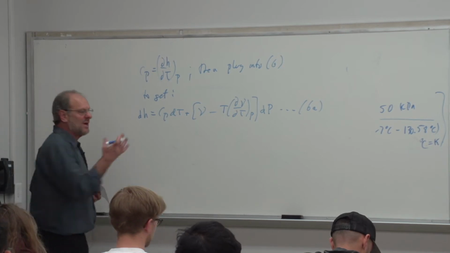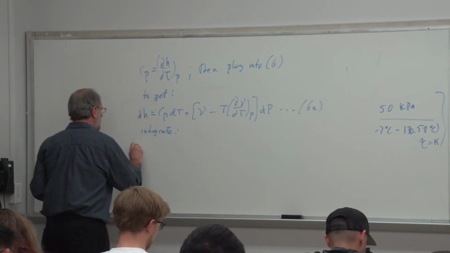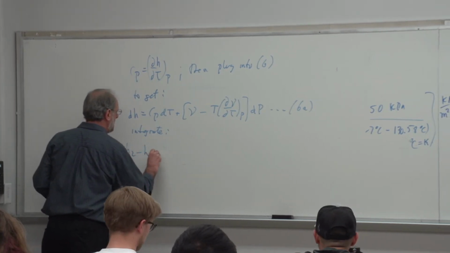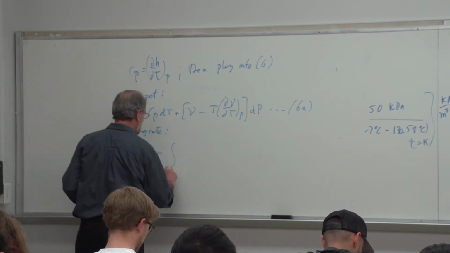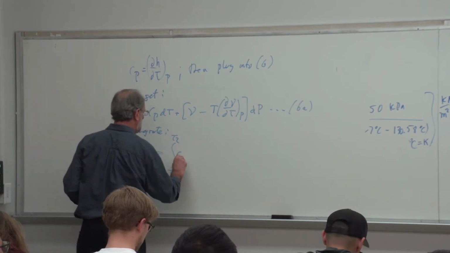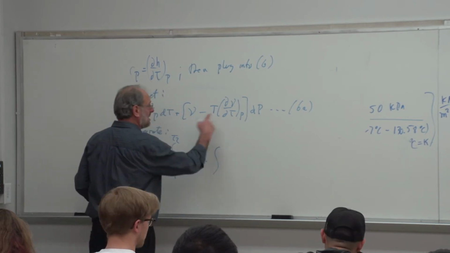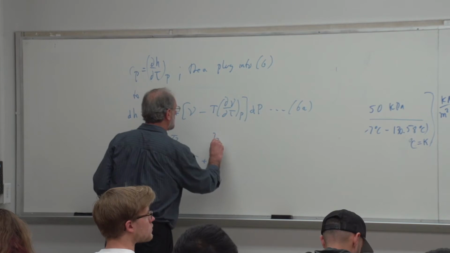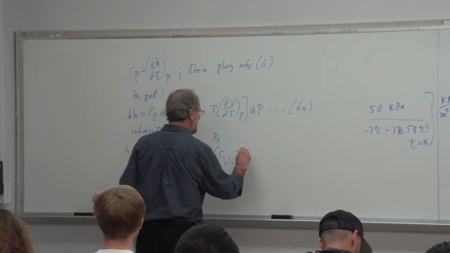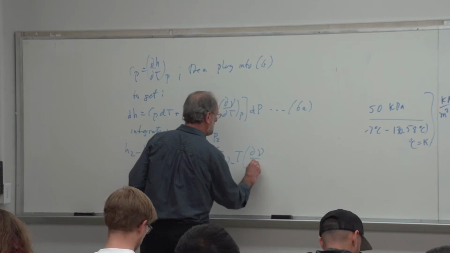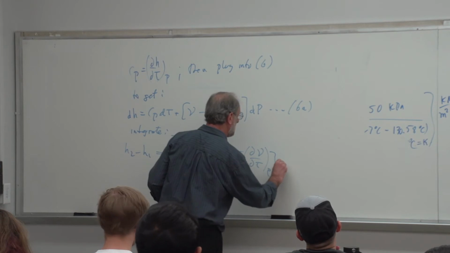And then I'm going to integrate just like I did before. The integration on dH is just going to be the change in enthalpy, H2 minus H1. Then we're going to integrate on temperature, Cp dT. And then we're going to integrate on pressure: V minus T del V del T at constant P, dP.